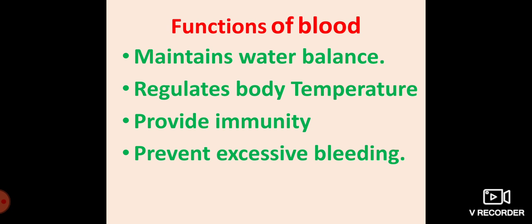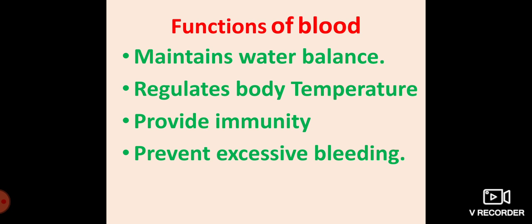So these are the functions of blood. You have to study this. Which are the functions of blood? Blood transports the nutrients from the small intestine to the liver, and it carries oxygen from the lungs to different body cells, and carbon dioxide from the different body parts to the lungs for removal.